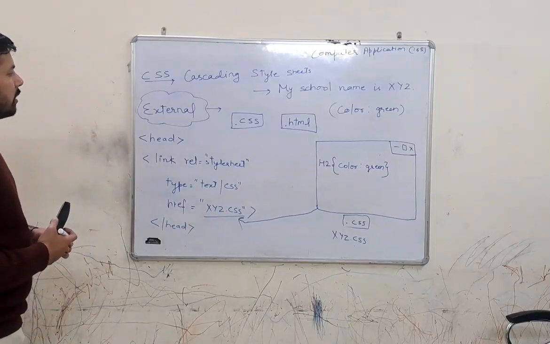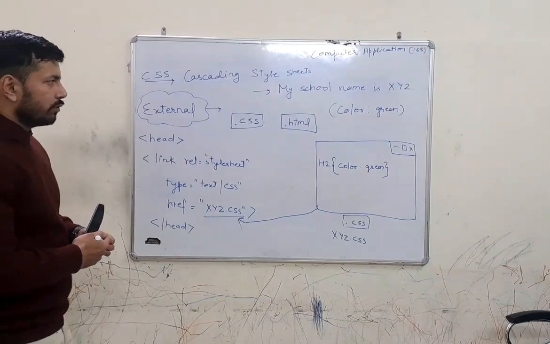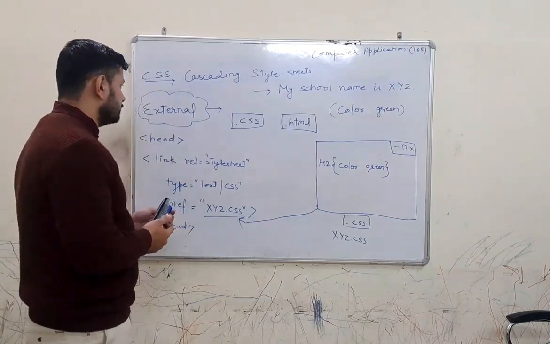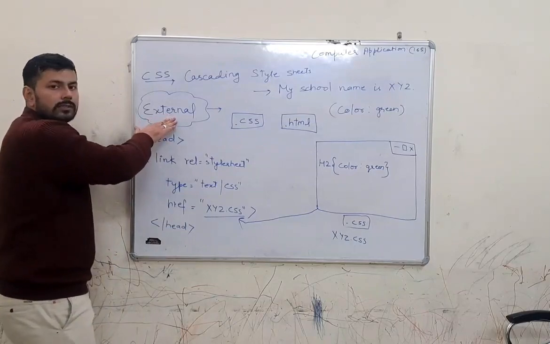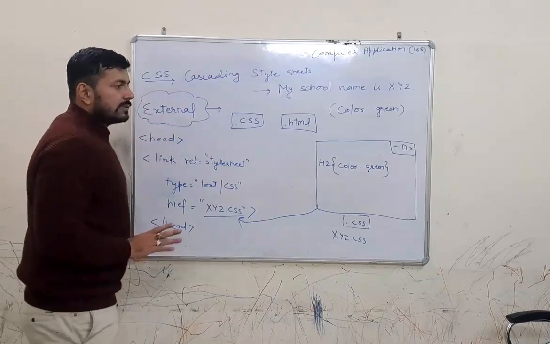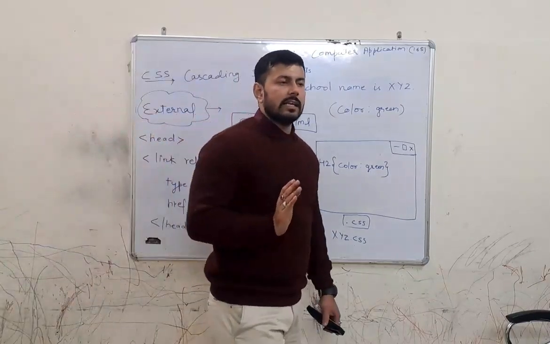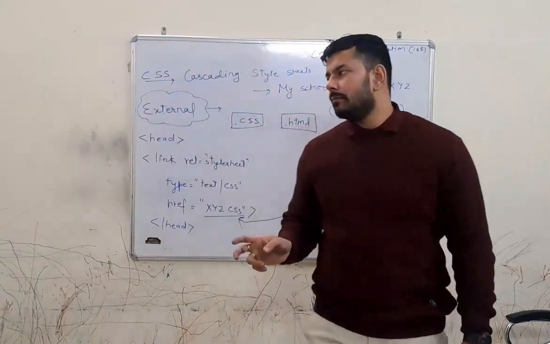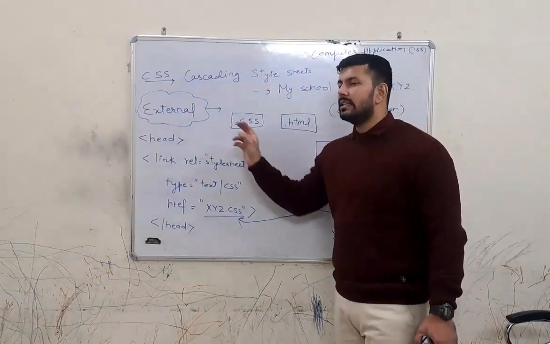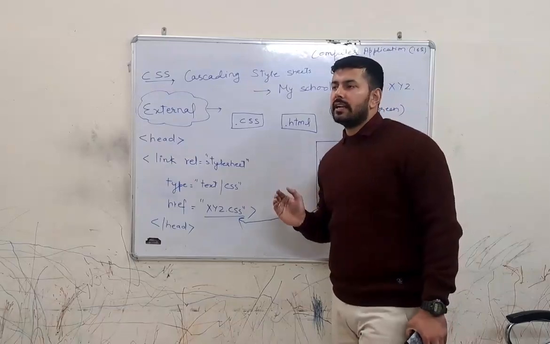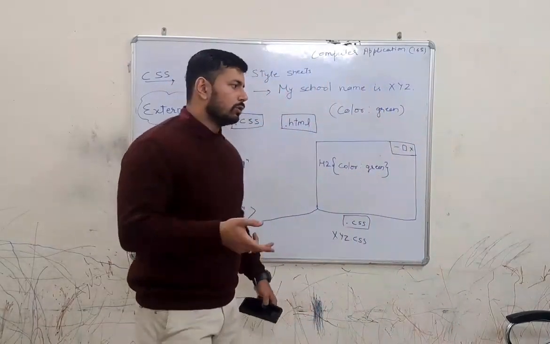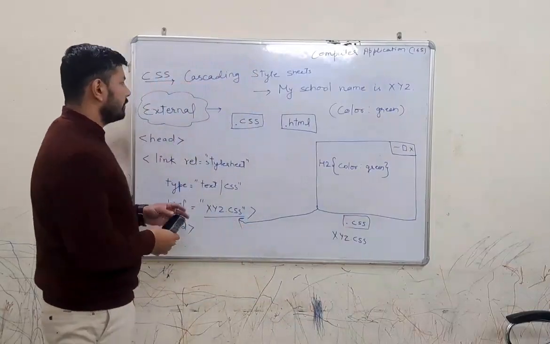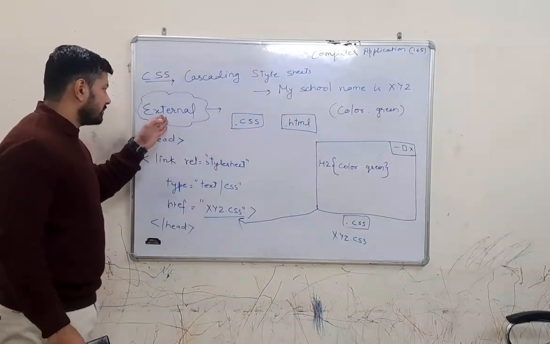Okay, maybe the external one is quite confusing for you, so let me explain again. The third type of CSS is external CSS. Just like internal and inline, all these types are different by their name and by their functionality also. You can remember it by the word external.